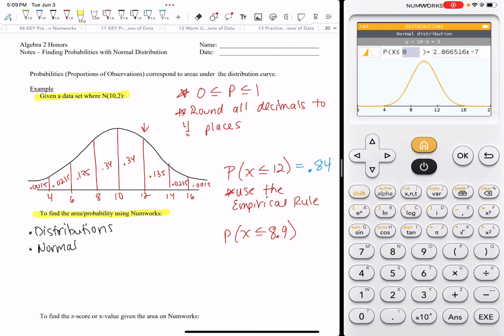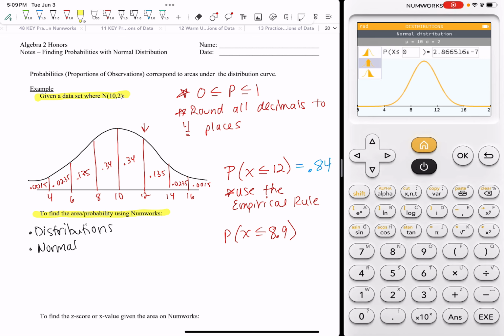And now we're in this menu, okay? Now, once you're here, if I give you the probability of x is whatever, I'm looking for that area, or that probability. If you notice on the left, you see the shading is to the left. That's because it's less than or equal to. If you hit OK there, you have some more options.